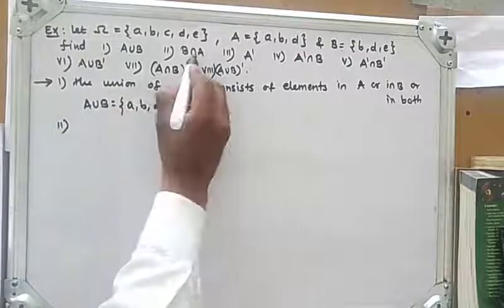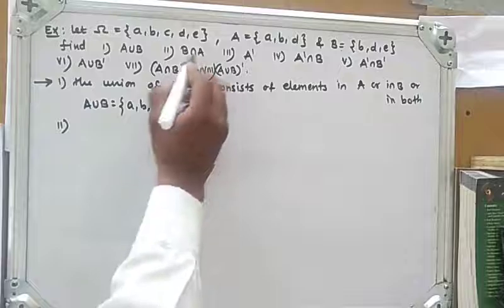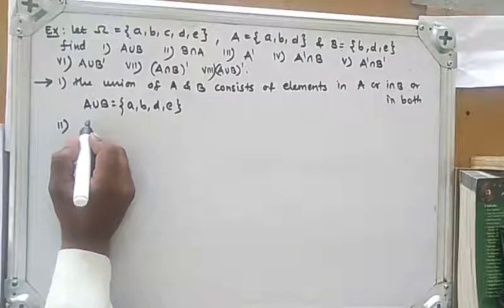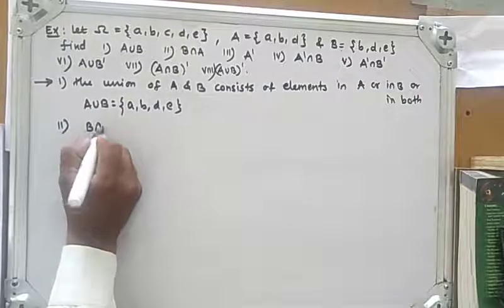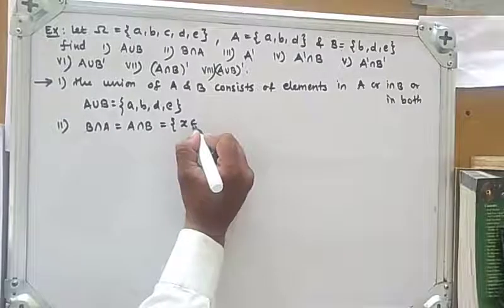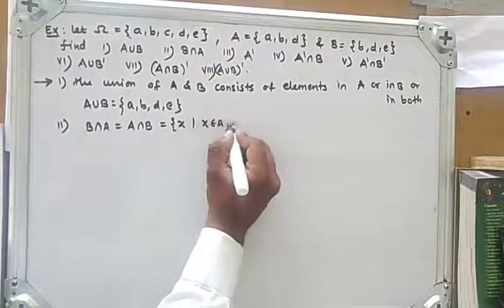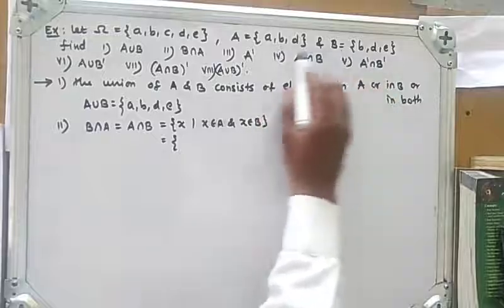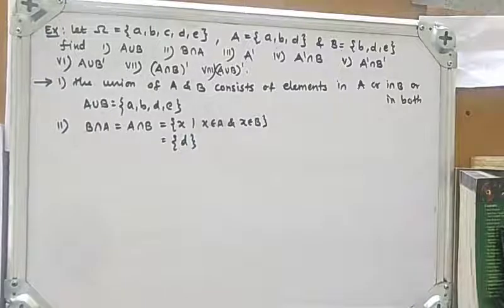Now the second one is B intersection A. B intersection A is the common elements between A and B. We know B intersection A is the same as A intersection B, which is the set of all points X such that X belongs to A and X belongs to B. So what are the common points between these two events A and B?